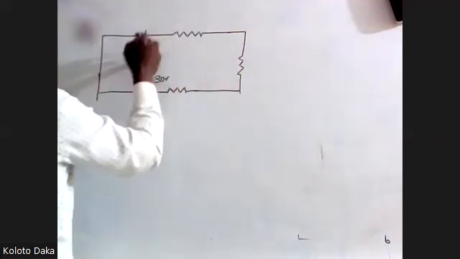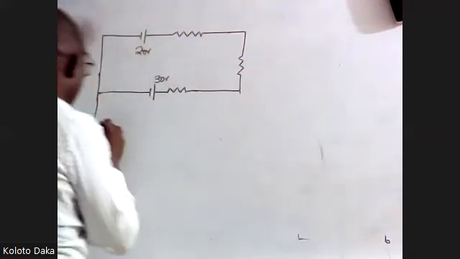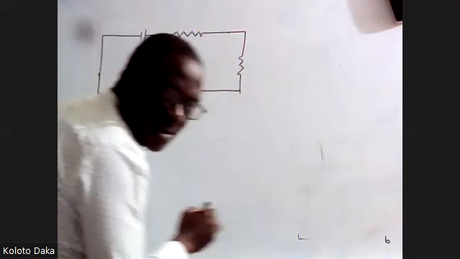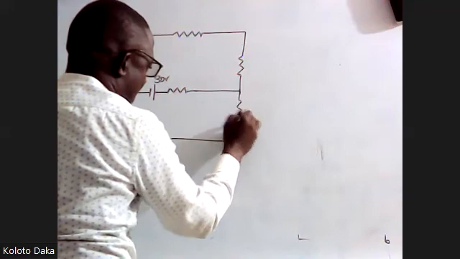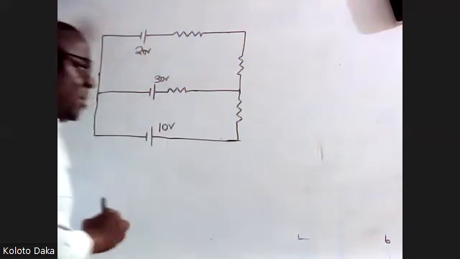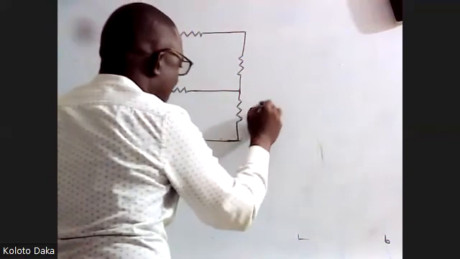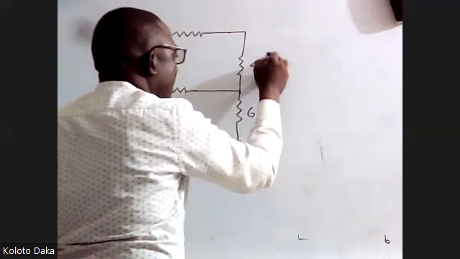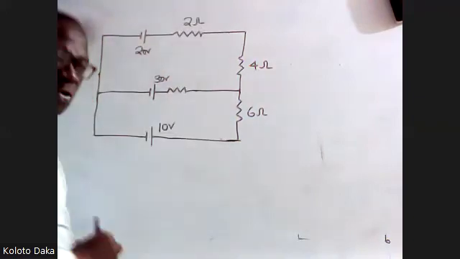Tell me, is that the correct circuit I'm drawing? Yes, sir. Left, 6 ohms. 4 ohms. 2 ohms.